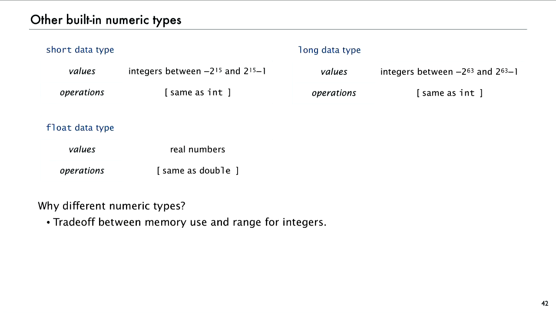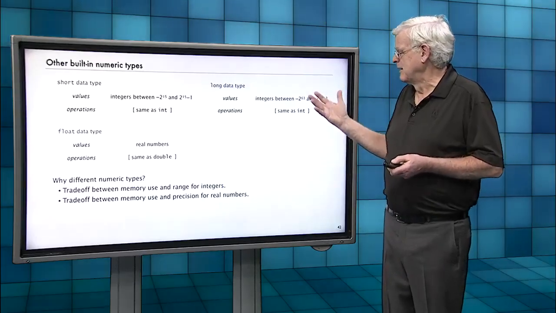And so the reason that we have different numeric types is that it's a trade-off between how many bits we want to use to represent the number. For integers, it's a straight trade-off: what's the range. And for real numbers, it's how much precision do you want to get with the number. And I guess the range as well.